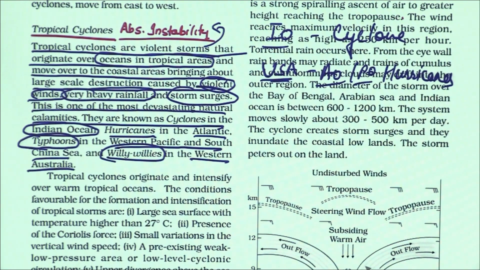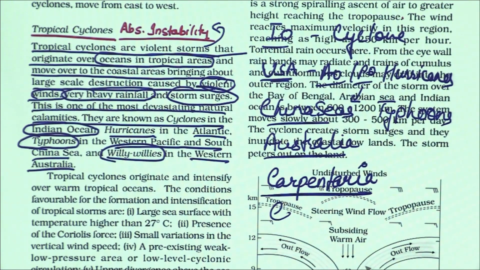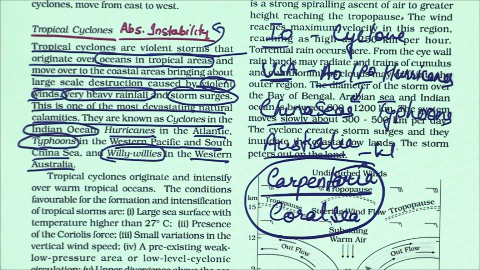And if I take the step further, in Pacific Ocean towards Asia, I am taking it as China Seas because I am including both South China Sea and East China Sea, not completely, and we are calling them typhoons here. And additionally, what NCERT gives us in Australia, the marginal water body to be seen here is Carpentaria Gulf, and another is Coral Sea. So these are not that popular examples, but they are also there, we call it Willy Willies.